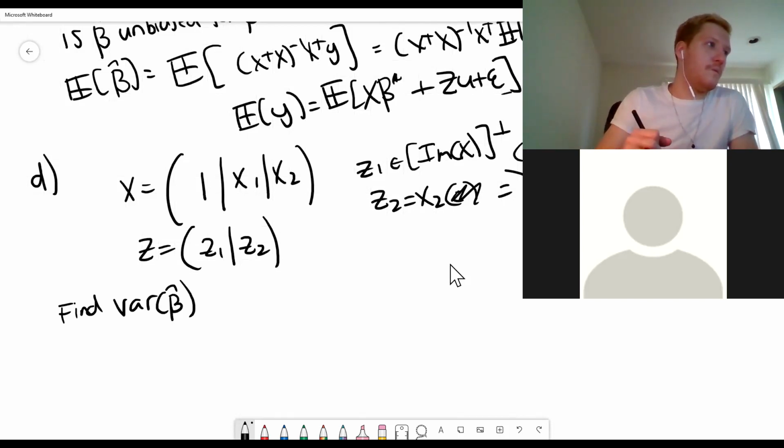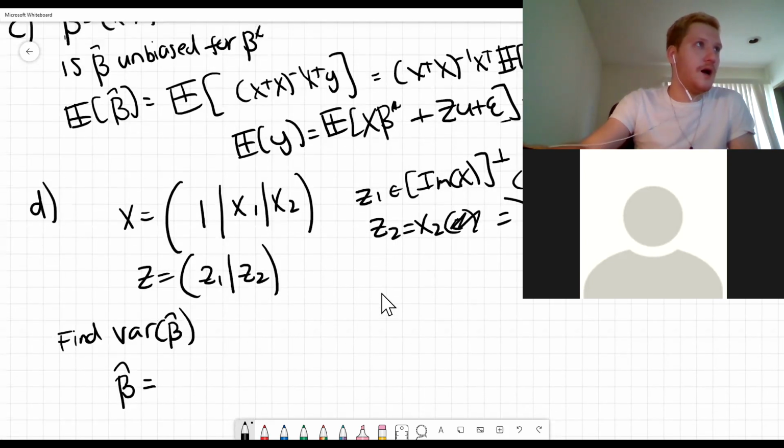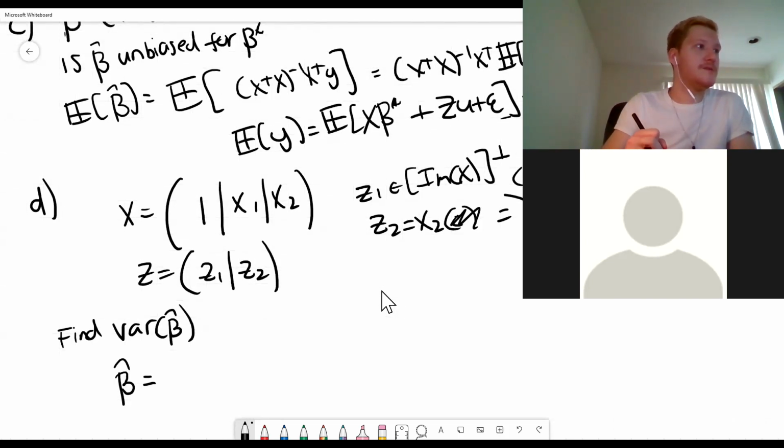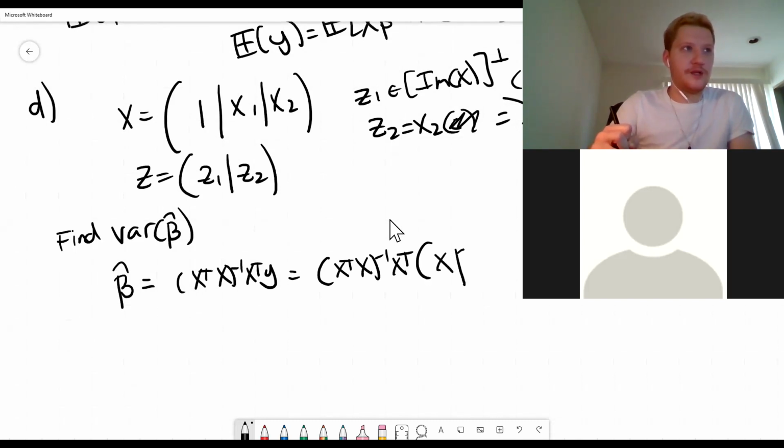So let's write what beta hat is. Remember that beta hat is equal to (X transpose X) inverse X transpose Y, which is equal to (X transpose X) inverse X transpose, and then this is X beta star.